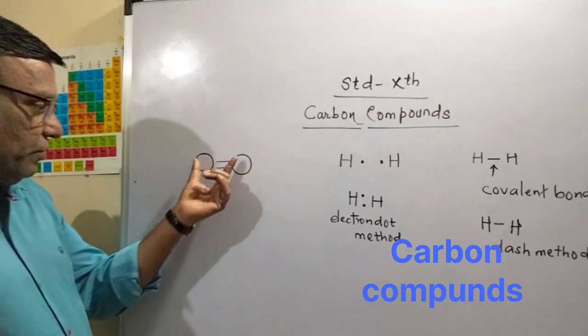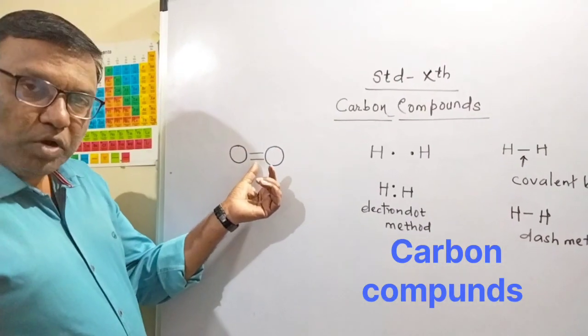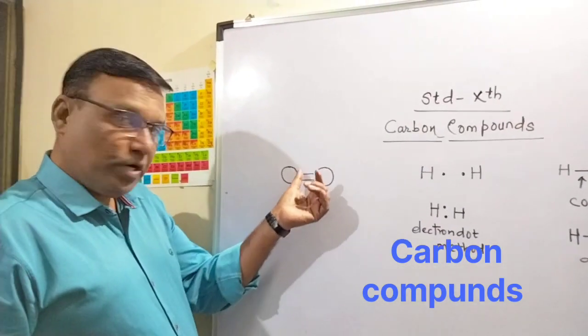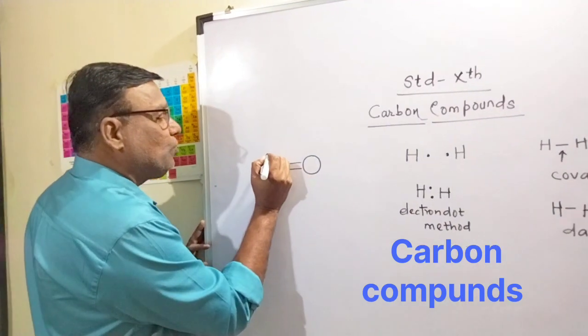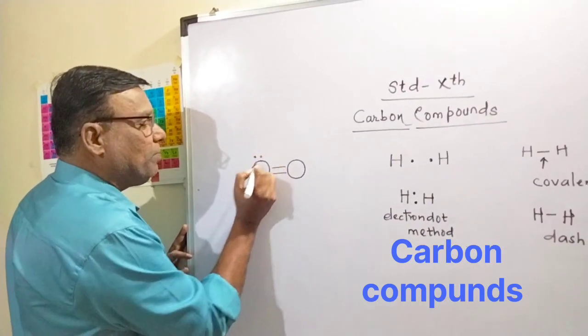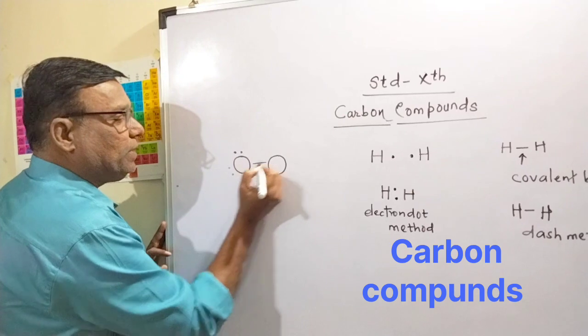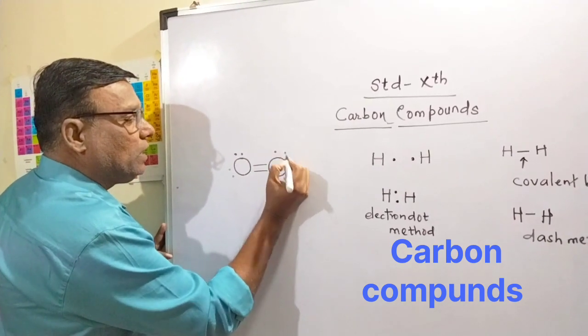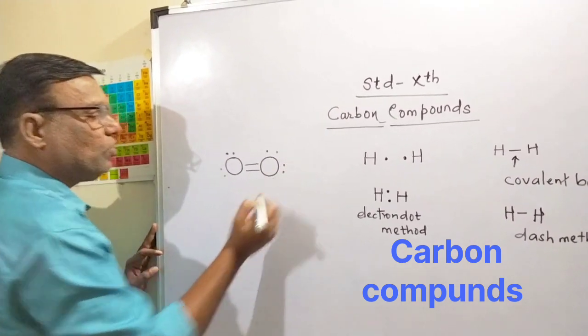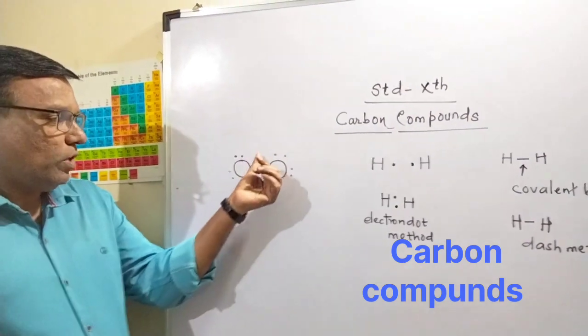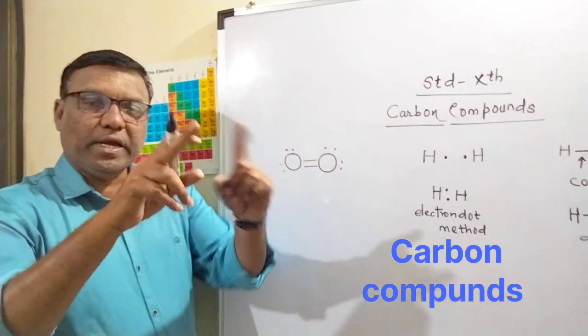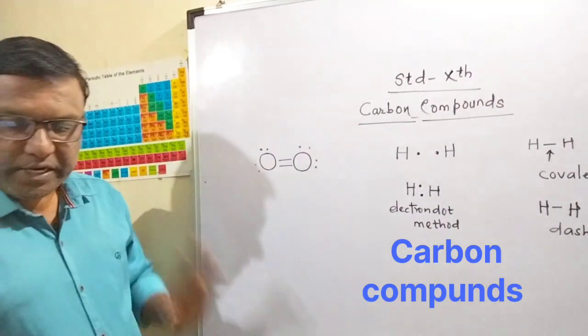Don't forget, between two oxygen atoms, double bonds are there. And here you have to show one pair and a second pair of electrons. In this way, you can show that double bonds are present between two oxygen atoms.